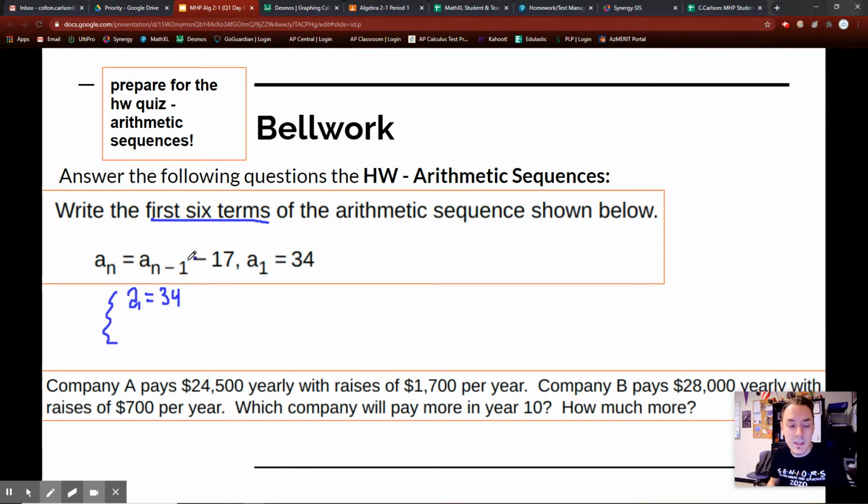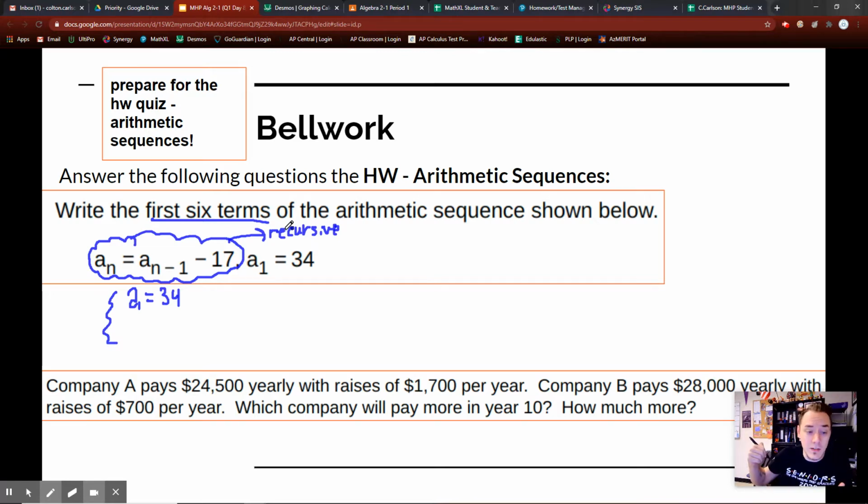The second thing they give us is actually this whole formula. This formula right here, I'm going to cloud this. This whole formula is what we call, if you remember from yesterday, our recursive formula. And in our recursive formula, there's one thing that we actually need to take out of that formula, and it is literally that number.